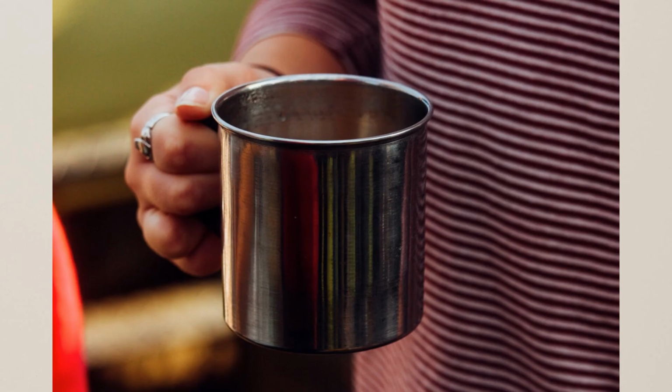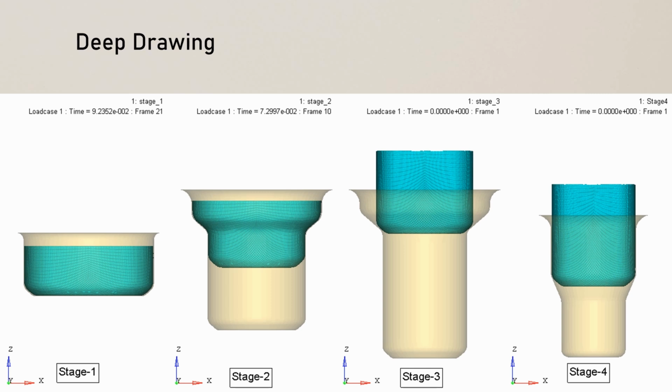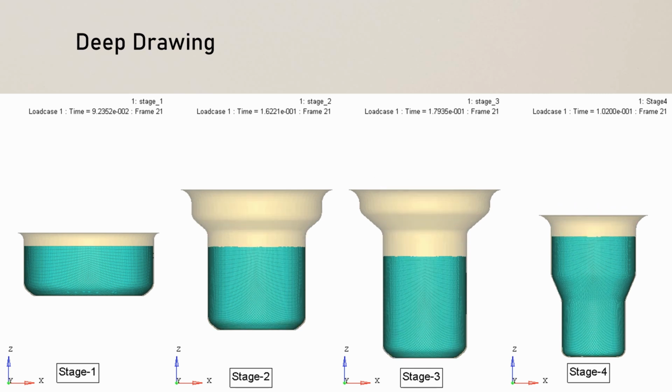And the process is classified as deep drawing when the depth of the part exceeds its diameter. The great depth is typically achieved by redrawing the parts through a series of dies to gradually form the desired geometry.